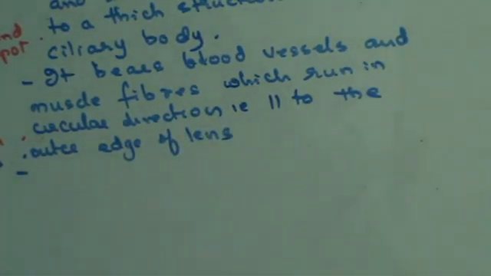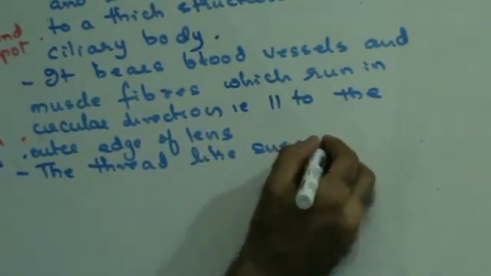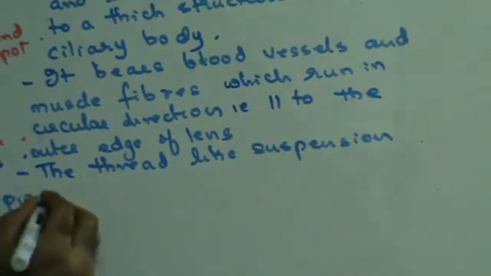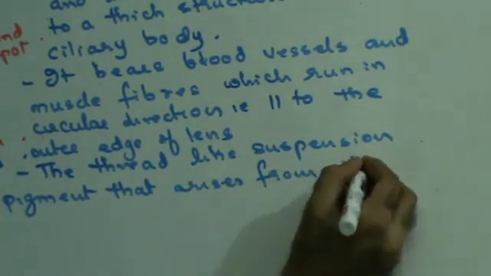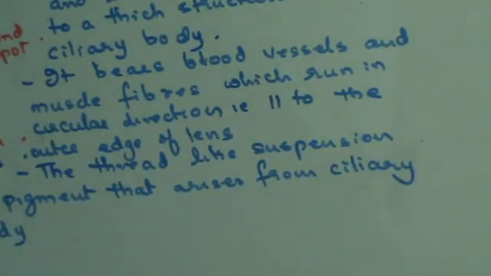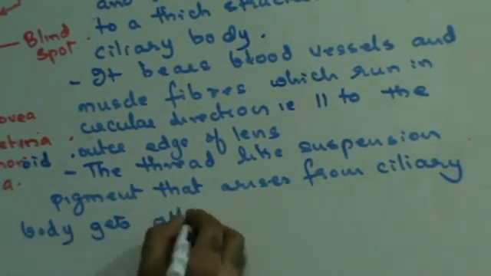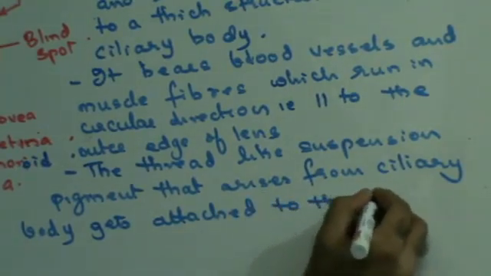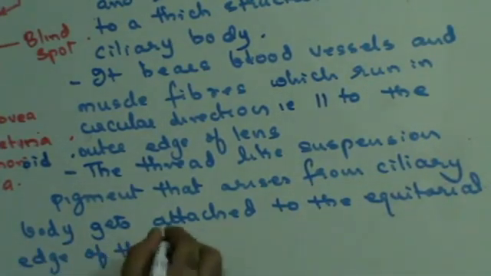Fine. This is your thread-like suspensory ligament, which arises from the ciliary body and gets attached to the equatorial edge of the biconvex lens.